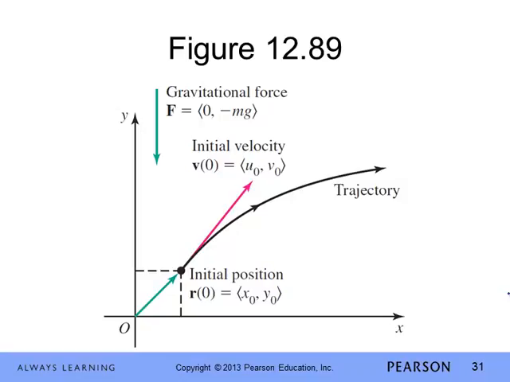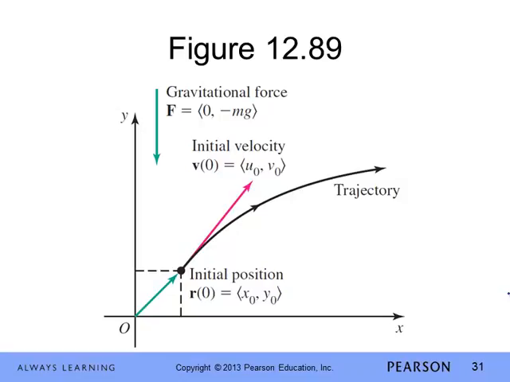And then we integrate acceleration to get velocity. So there, we just integrated a with respect to t to get your velocity vector.